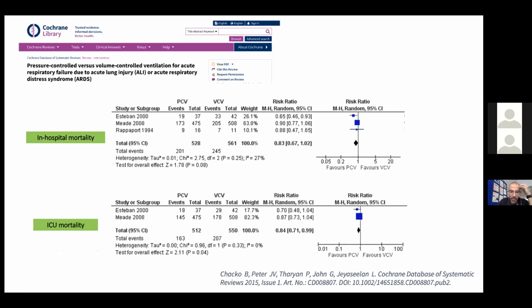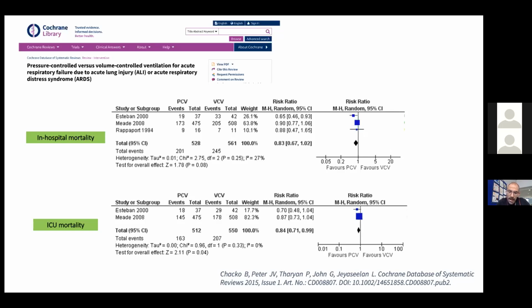If you ask me which mode is better, pressure control or volume control, it's a bit difficult to ask that question. But if we look at patients with ARDS, there has been no difference in hospital mortality or ICU mortality if you compare those modes.